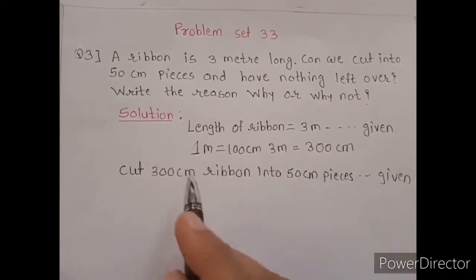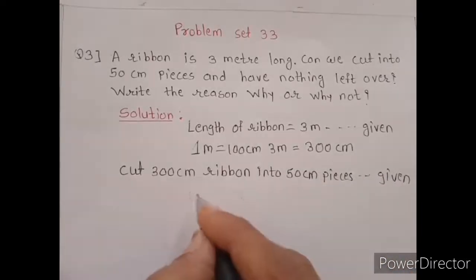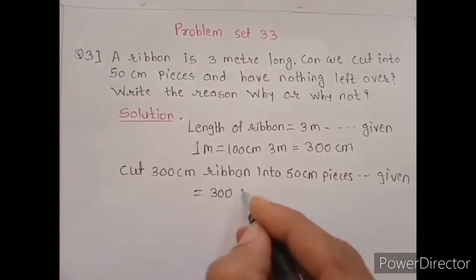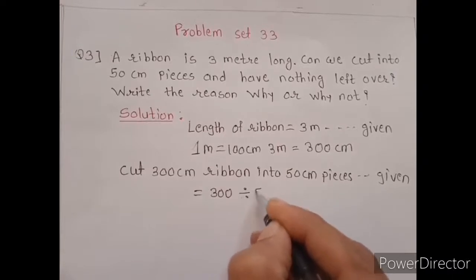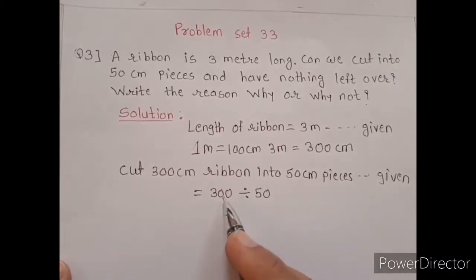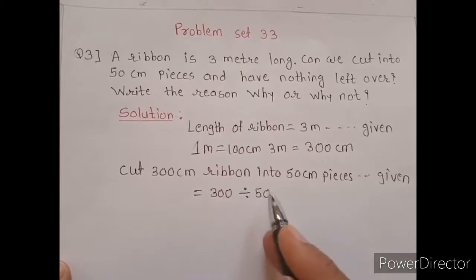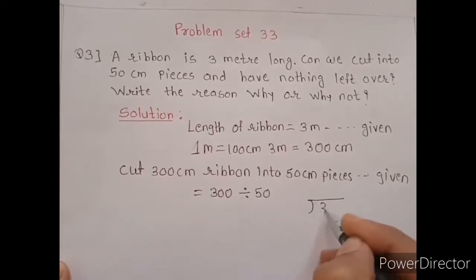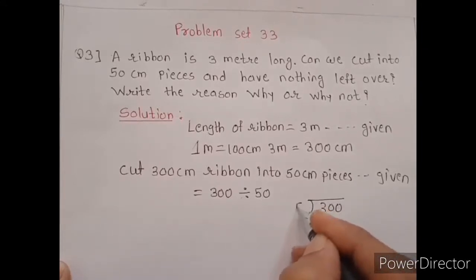For that, we have to divide 300 by 50 centimeter, because total length is 300 centimeter and one piece length we want is 50 centimeter. Now divide 300 by 50.